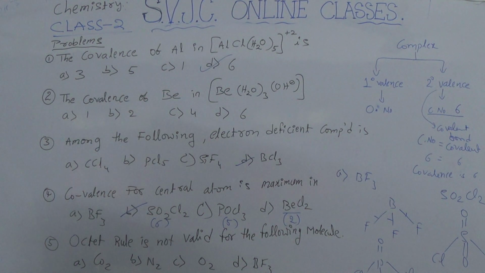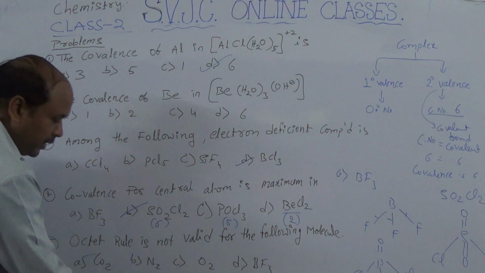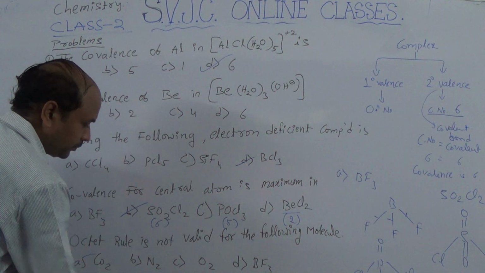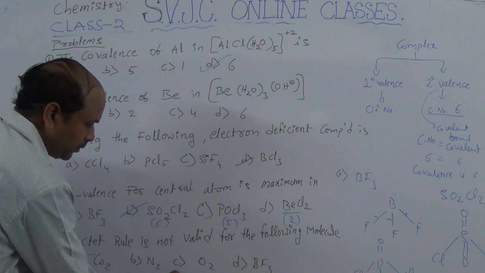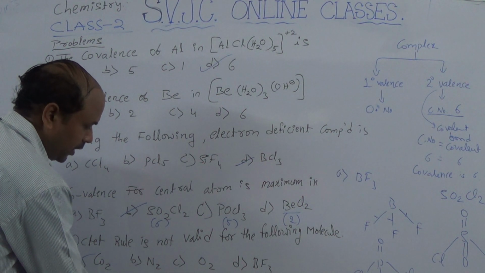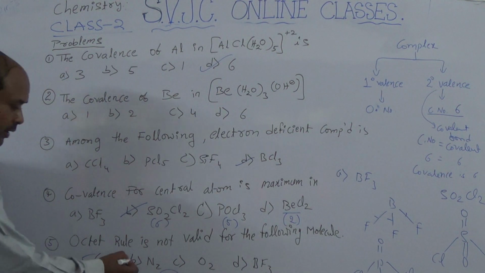Next, the fifth question: the octet rule is not valid for which of the following molecules? That means which one is not obeying the octet rule? What is the octet rule? Yesterday I said a maximum of 8 electrons are present around the central atom for its stability. In the CO2 molecule, around the carbon atom we have 8 electrons, so it obeys the octet rule. In N2, you already know, around each nitrogen atom 8 electrons are present, so it also obeys the octet rule.